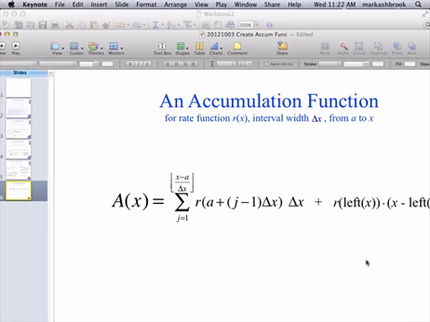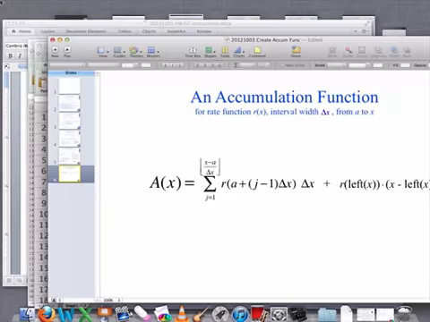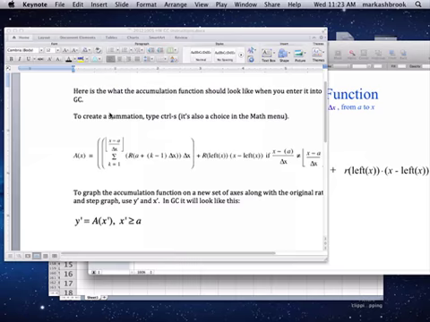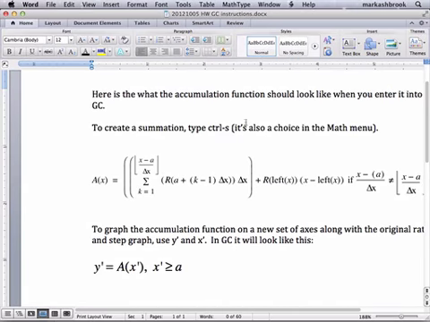Okay, so for your homework, I posted this along with your homework. You're going to have to use Graphing Calculator, and to our file that we started, that I showed at the beginning of class, that we worked on last time, you're going to now add the accumulation function as a command line to that file.